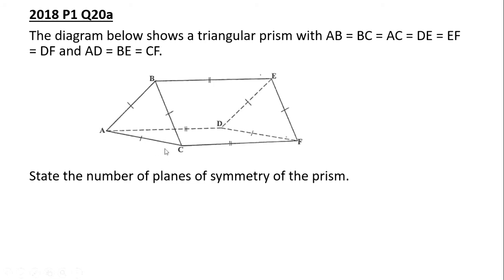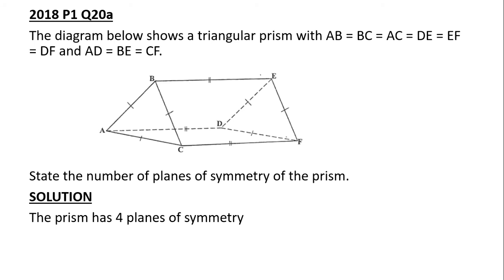An equilateral triangle has 3 lines of symmetry. So the prism must have 4 planes of symmetry, because it can be cut passing through C, through A, through B, and even through the middle. So the prism has 4 planes of symmetry.